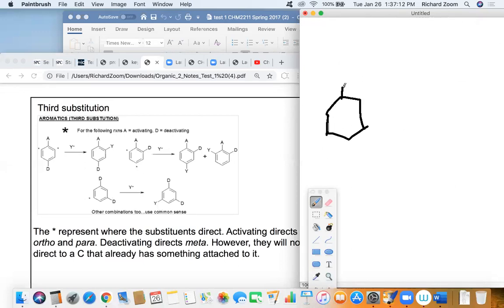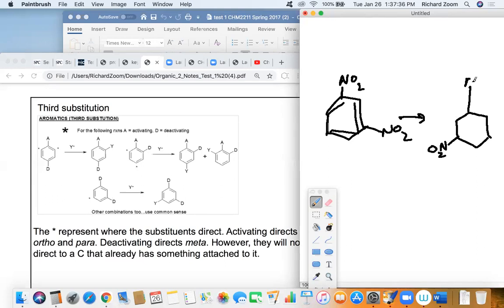So if you've got two nitro groups already on the ring, it's nigh on impossible, because those are such strong deactivating groups, to get the NO2 group to go in the third position. You can do it, it just is really low yielding.